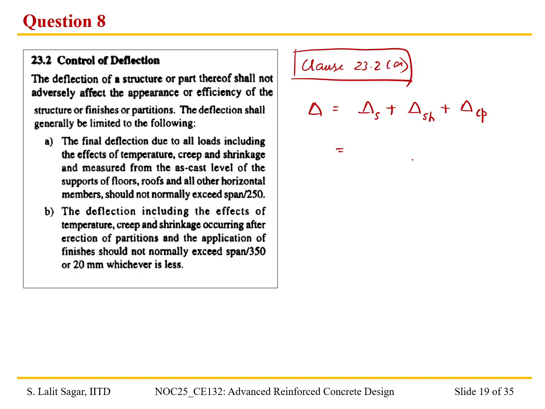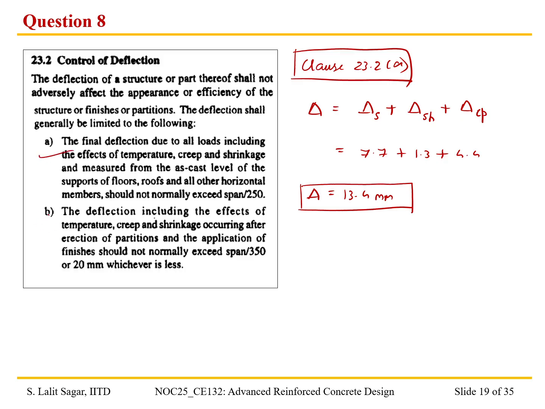That is 7.7 plus the shrinkage is 1.3 and the creep is 4.4. So the delta total is 13.4 millimeter. So I would say this is the effect due to the permanent load.